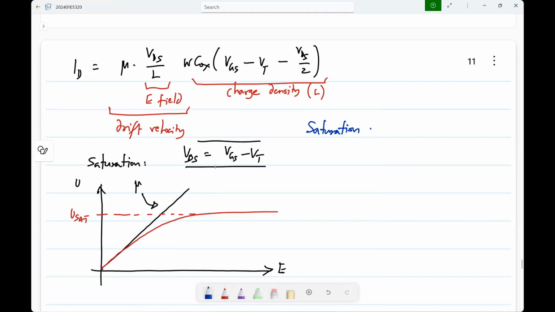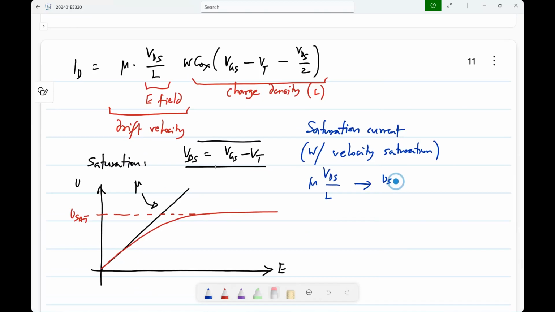Okay. Saturation current. Now we are talking about it with velocity saturation. Okay. So first of all, this mu times VDS by L should be changed to VSAT.